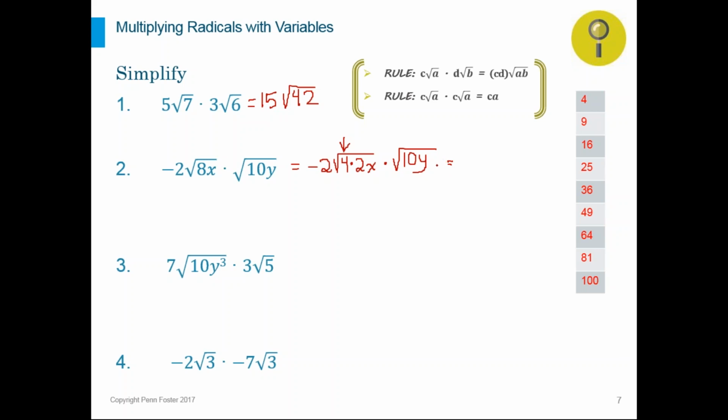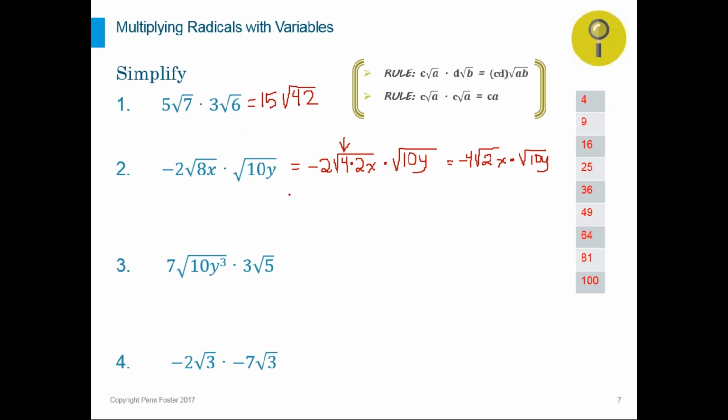So, negative 2 times 2, because the square root of 4 is 2, so I'm going to end up multiplying 2 times the negative 2. So negative 2 times 2 is negative 4, and everything else will stay under the square root sign. I'm still multiplying times 10, the square root of 10y.